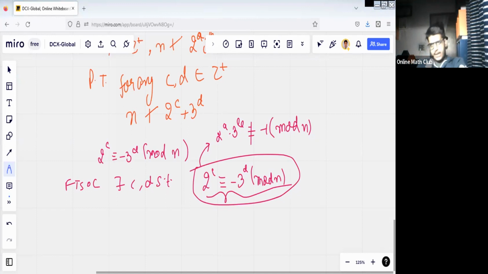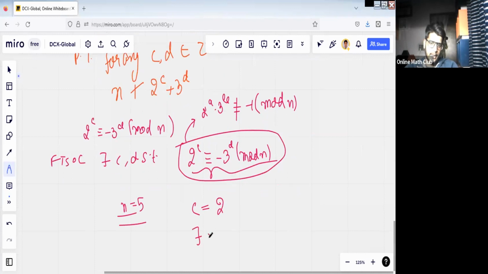For some cases, yes, that will be true. But how does this help us here? That's what I'm asking. The point is, let's take n to be, say, 5. It's possible to have c to be 2.